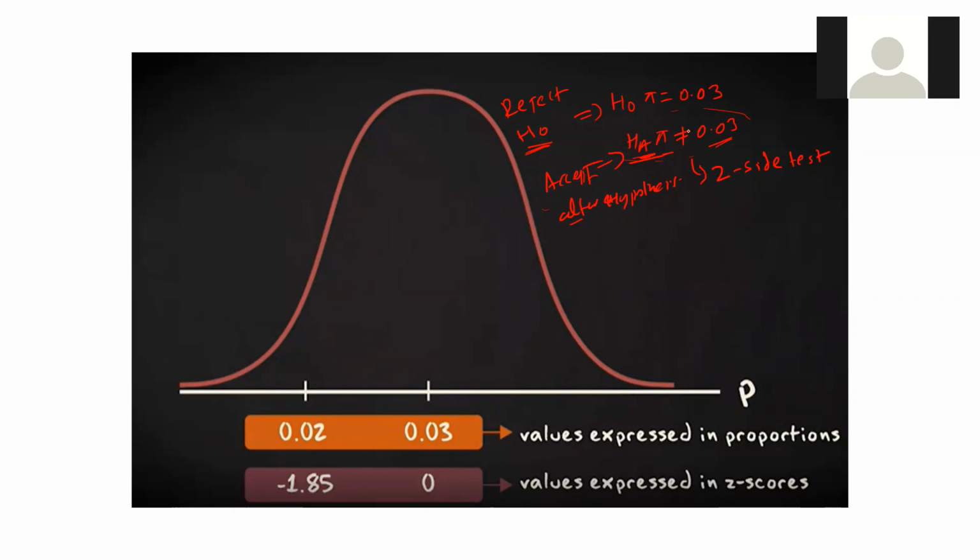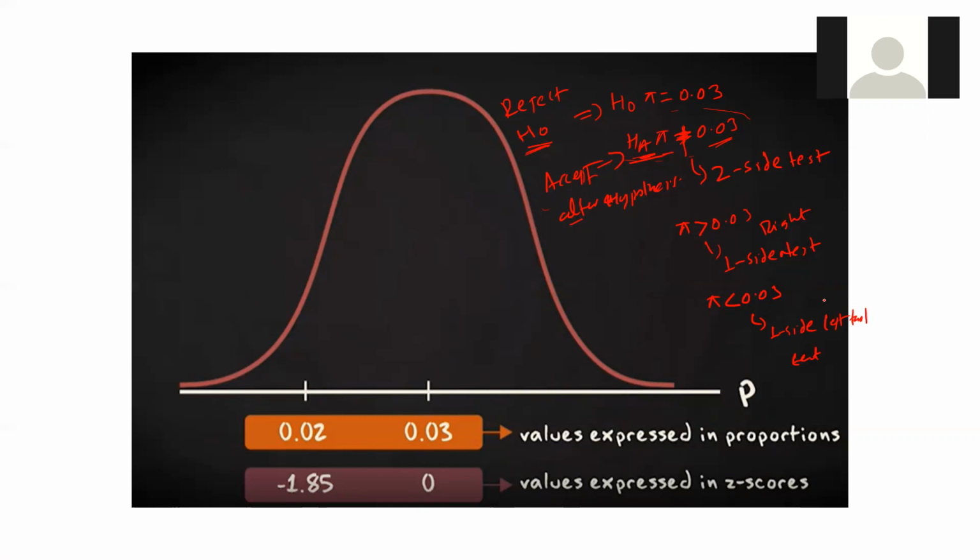Because we are checking all conditions that are not equal to 0.03. If pi is greater than 0.03, then this is a one side, right tail test. If pi is less than 0.03, this is a one side, left tail test.